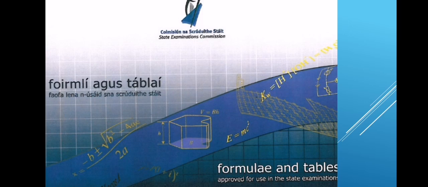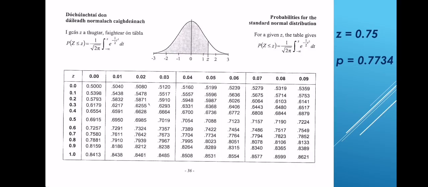So we refer to tables of the normal distribution, which you can find in the back of the textbook or elsewhere. And on the page dealing with the normal distribution, if we look down the leftmost column, which is headed Z, we look to find 0.75. Well, we can find a 0.7, but to find the second decimal place, we'll have to come across through the columns.